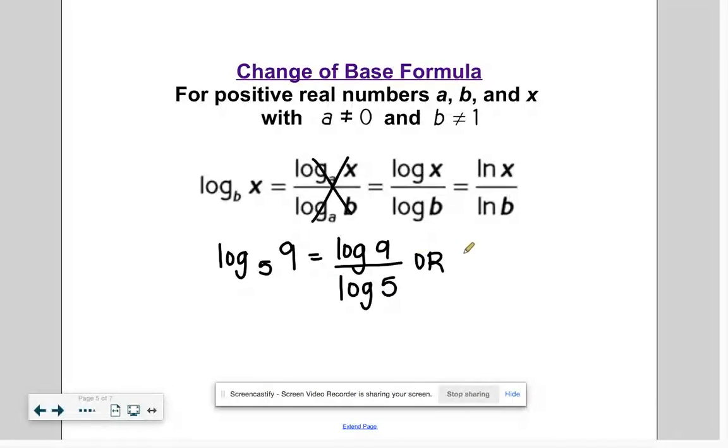Or I can use ln. It actually will give you the same answer either way. So you can choose whether you want to use log or ln, but this is just going to allow you to take something that was not computable in a calculator to something that is computable in a calculator. Okay, that's all this is.